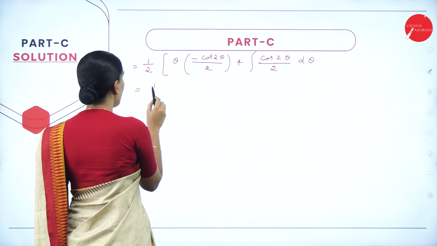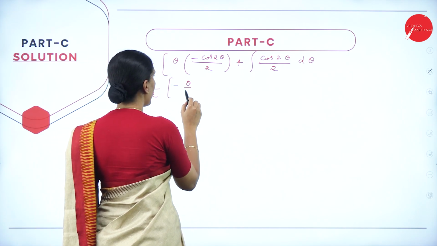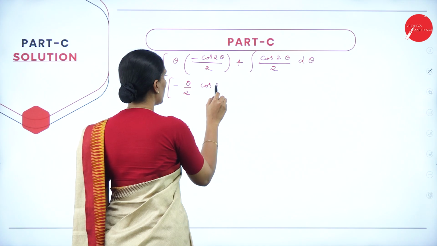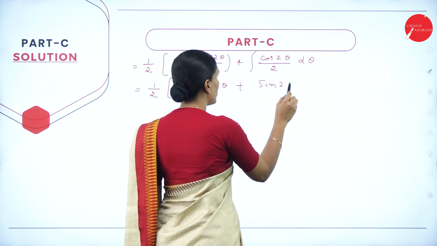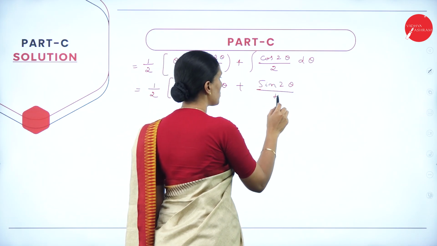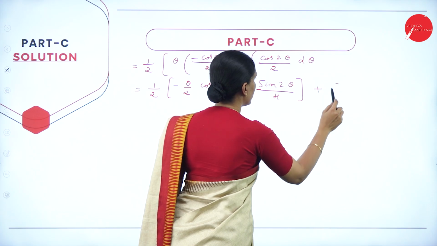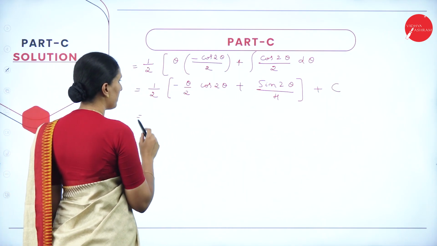So now we have half minus theta by 2 cos 2 theta, here plus sine 2 theta divided by 2 is already there, which becomes 4 plus c. So now let's multiply half here.